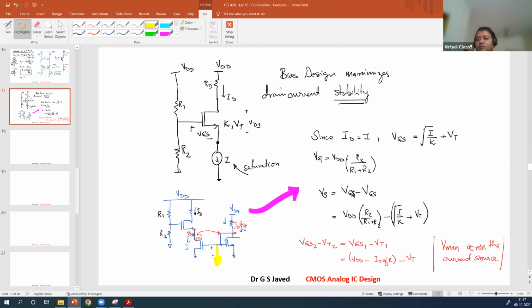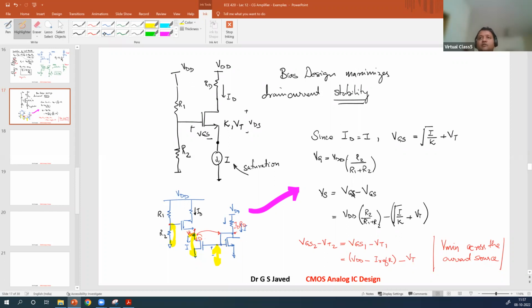You need this value to be set. For this value to be set, you need this VDS value to be set. To set this VDS value, you can set the VG value. So this way, in three steps, you start by setting the gate here. As soon as you set the gate value, this next value will get set and the next value subsequently will get set.